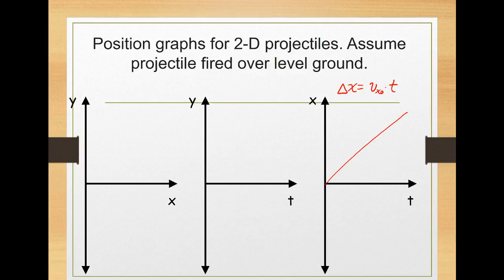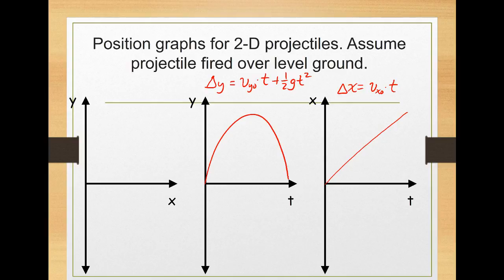Now delta y, on the other hand, we're going to take our equation for delta y from 1D motion and we'll just plug in gravity for the acceleration. And since that g is negative 9.8, we're going to have a downward opening parabola. Okay?